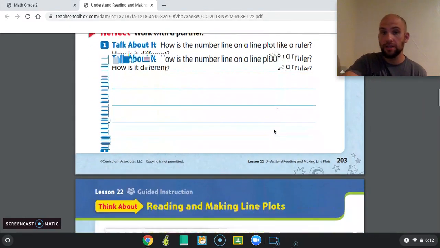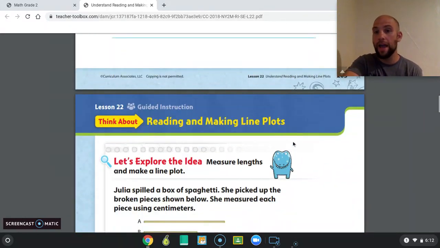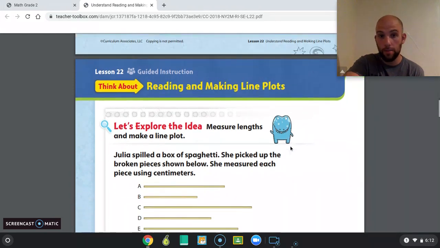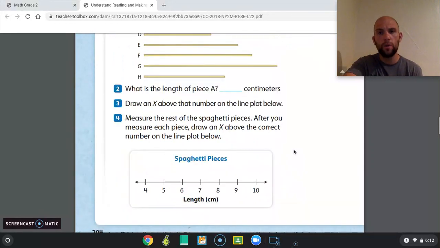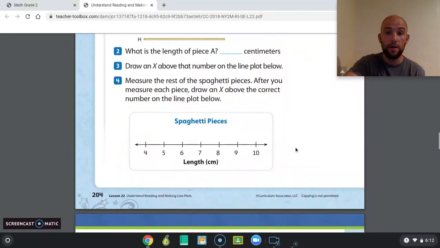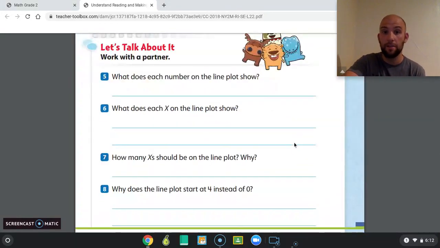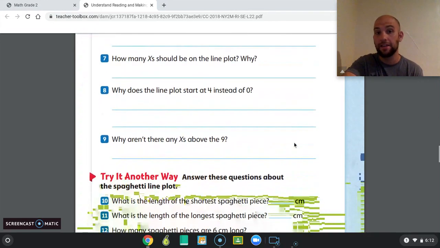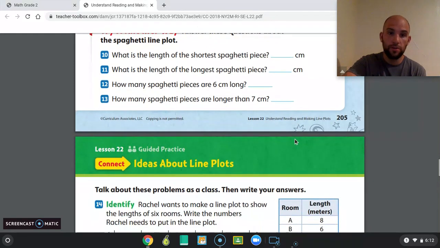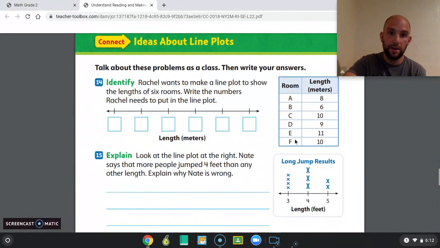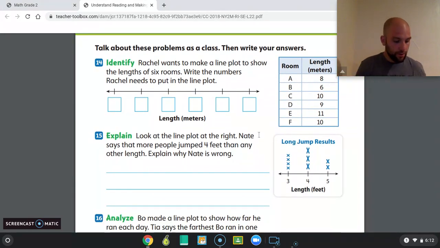And speaking of measuring, this next part here would require that we have a ruler on hand to complete. And I know that not everybody has a ruler at home. So what I'm going to do is skip by this part, and we're just going to do the next part of the lesson. They'll show us how to do the same exact thing, except without requiring us to have a ruler. So let's look right here. And if you don't already, make sure that you have a piece of paper and a pencil.